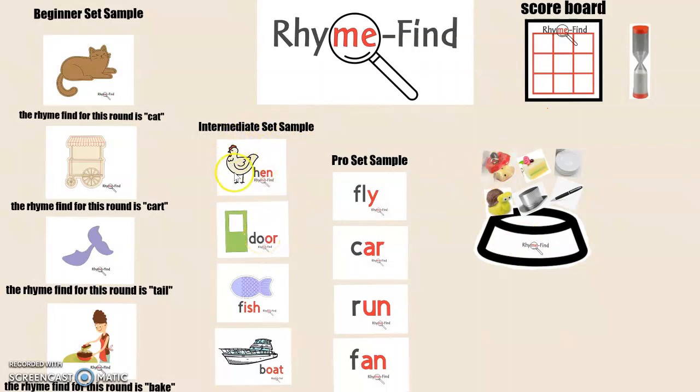If the teacher used hen for the rhyme find of the round, then the students would be looking for pen. And if she used fish, it would be dish. And if it was bake, it would be cake. And if she used tail, it would be snail. So the teacher could really decide how many items she wants in this bucket and either make it easier or more difficult for the students.